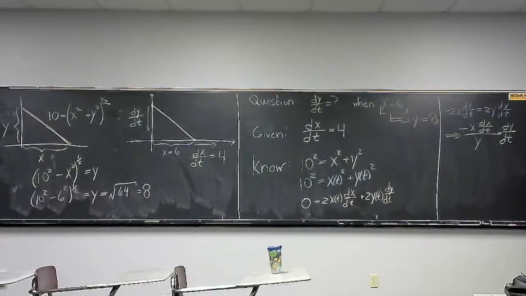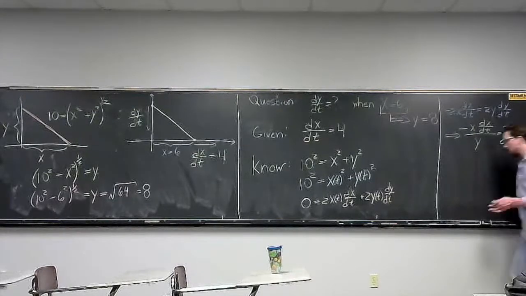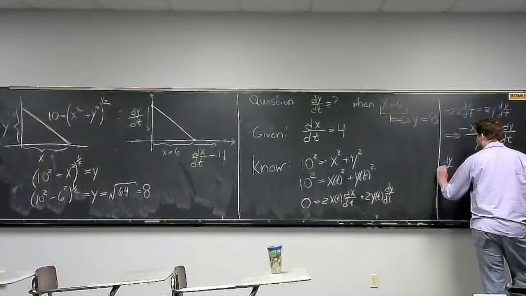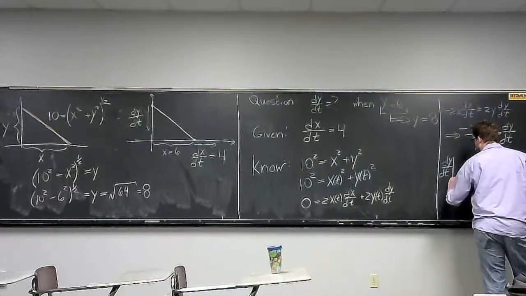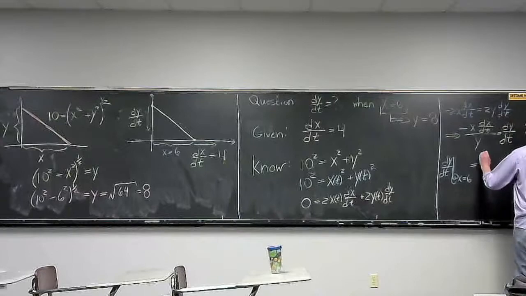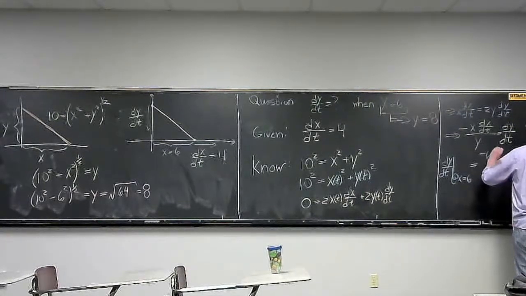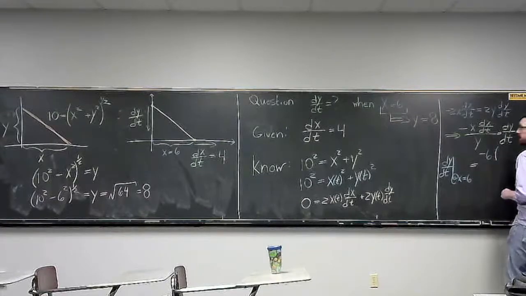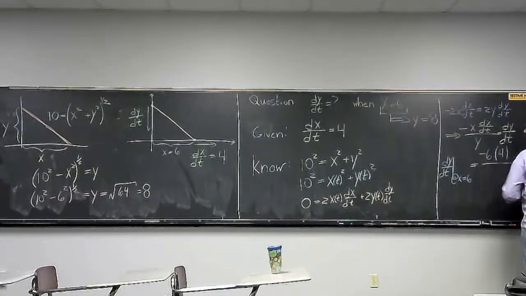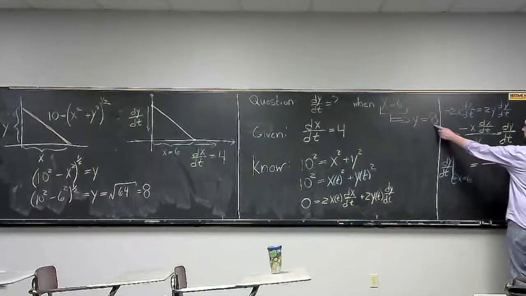Right? So from here, we now know what x is, we're given what dx/dt is, and we know what y is. So, all of this says that dy/dt at x equal to 6 is equal to negative 6 times dx/dt, which is 4, divided by y, which we just said was equal to 8.